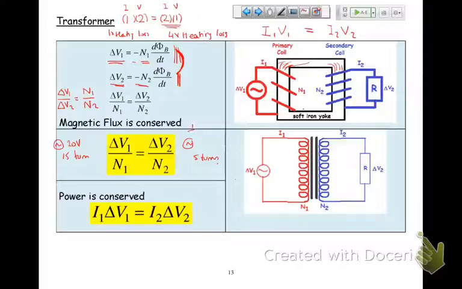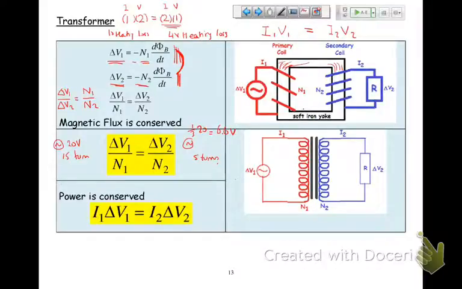So this would be 1/3 of 20, which equals, what is it, 6.6 volts. Let me just double check on that. The ratio of my voltages, 20 to that, is the ratio of my turns, yes.